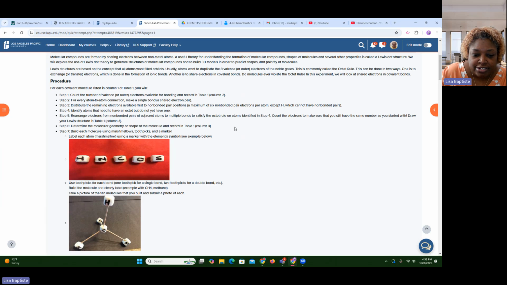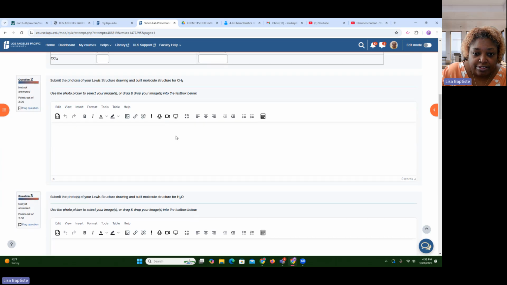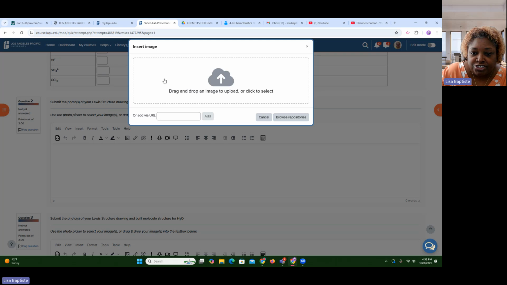If you have any questions as you're going through this lab, make sure that you let me know before you submit the lab. Then it asks you to submit pictures of your different molecules. For the picture of the CH4, you want to take a picture and drop it in here. You click on the image and drag and drop it in here, or click on this and find the file where you saved the image.